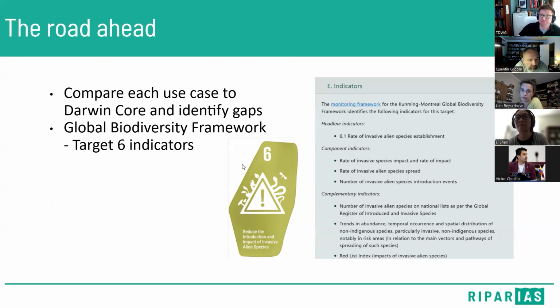And then you've got the rate of invasive species impact. I have no idea what the rate of impact means. I guess that's how impactful it is, the different types of impact and the rate of impact, but we have very little data to achieve that indicator.